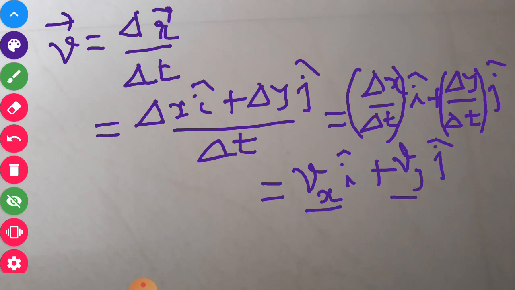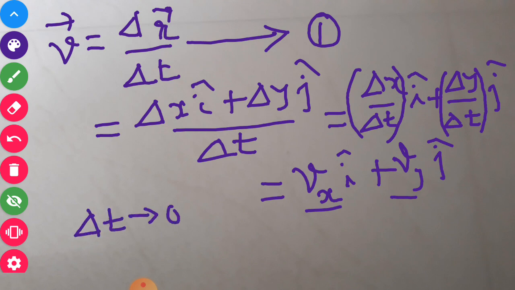Here vx and vy show the x and y components of velocity. Now in this particular equation, equation number 1, if you take the limit delta t tends to 0, as we have understood, then this average velocity will be taken as instantaneous velocity.